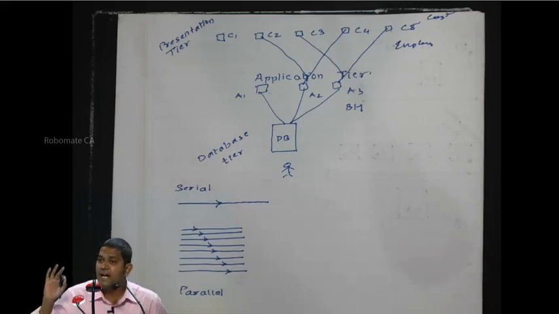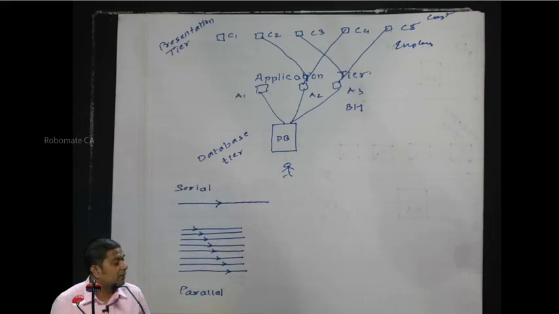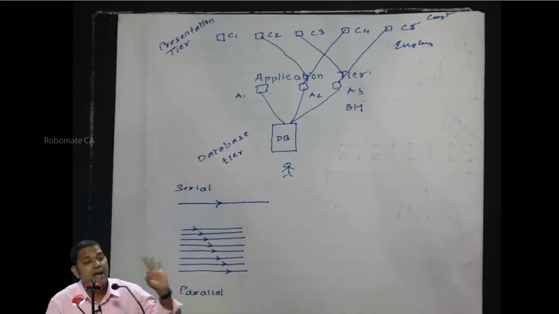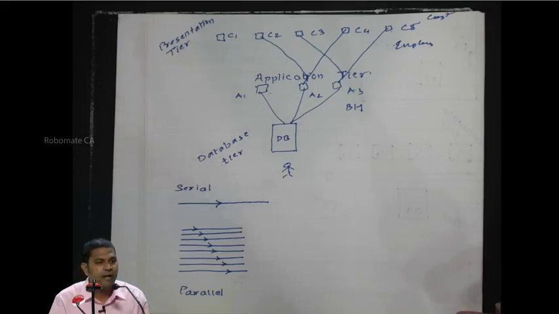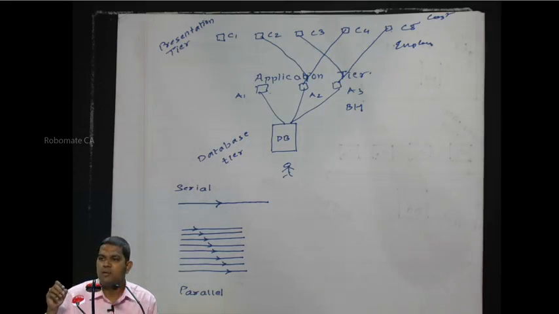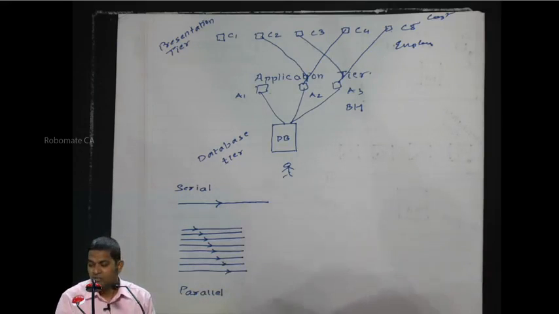Transferring 8 bits at a time is nothing but transferring one entire byte at a given point of time. And I need not tell you, 8 bits come together to form 1 byte. This is the first type of data transmission technology based on the number of bits being transferred. Next is synchronization between the transmitter and the receptor.